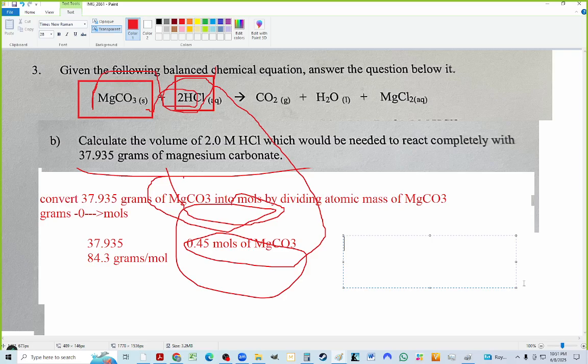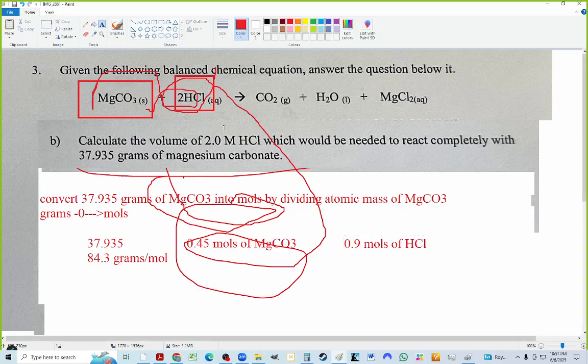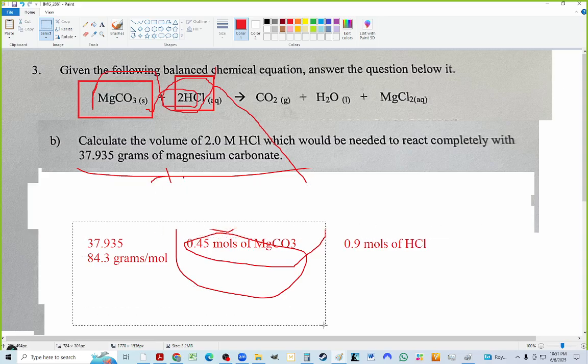So what would you do with that to figure it out? I'd multiply that by 2 to get 0.9. So that means we would need 0.9 moles of HCl to react with this many moles of MgCO3. Now we can work with what they gave us.